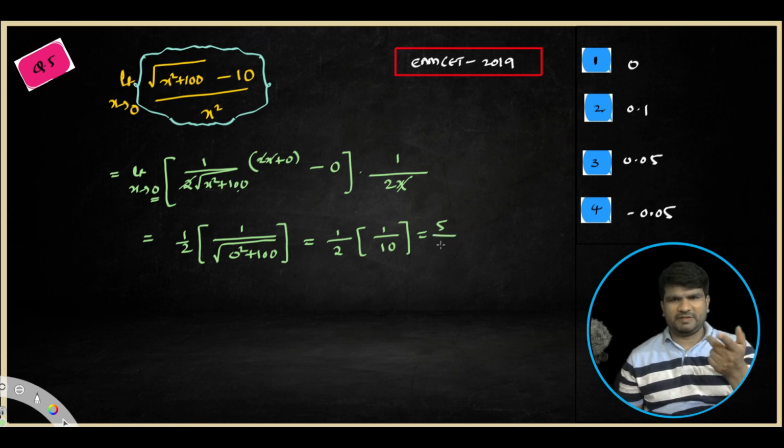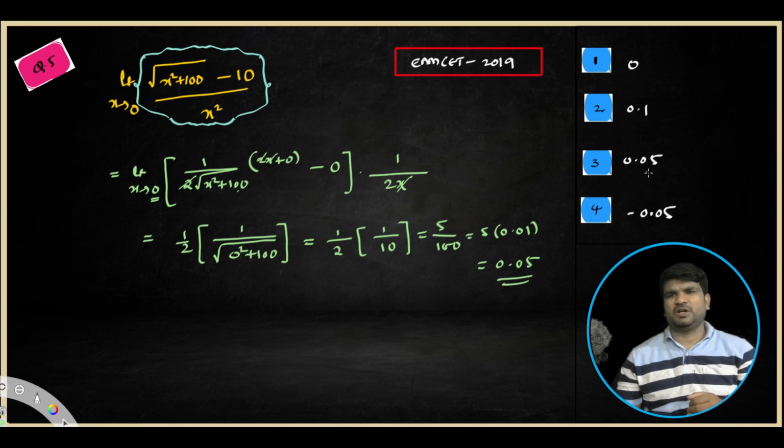If you multiply with 5, 5 twos are 10, that is 100. So 5 by 100 means 0.05. So our third option is the right option. Just using L'Hospital, we can solve any given problem within a few seconds.